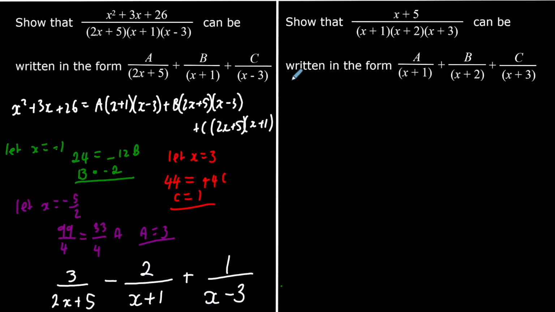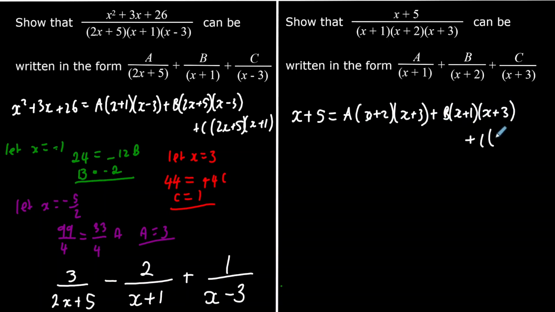Multiply through by the denominator. We'll leave x plus 5 equals a times x plus 2 times x plus 3 plus b times x plus 1 times x plus 3 plus c times x plus 1 times x plus 2.